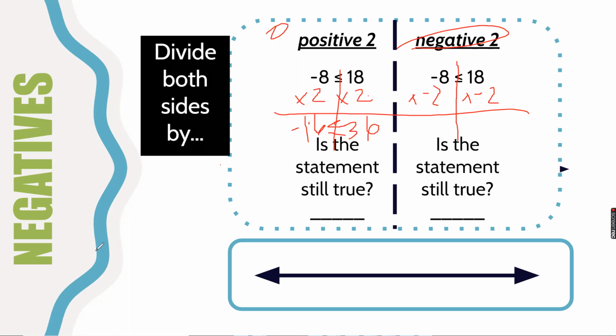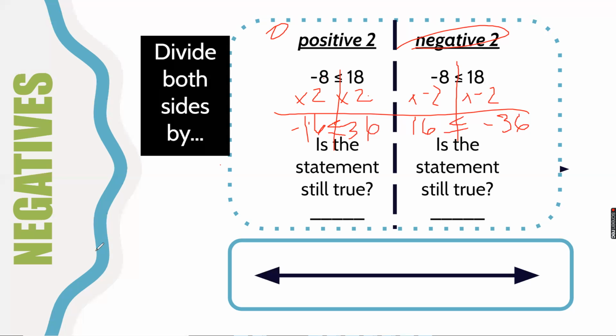Negative times a negative is positive. 8 times 2 is 16. And then on the right side, we have 18 times negative 2. Positive times a negative is a negative. 18 times 2 is 36. And then we'll copy down that same sign because we don't know any different.